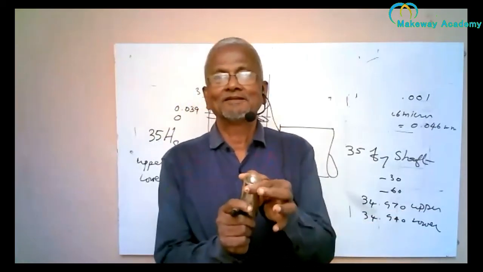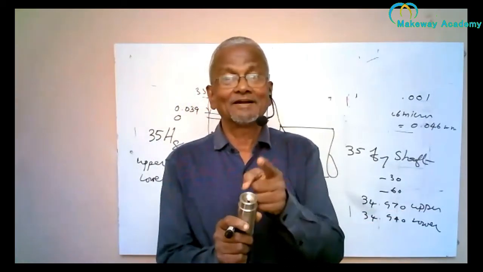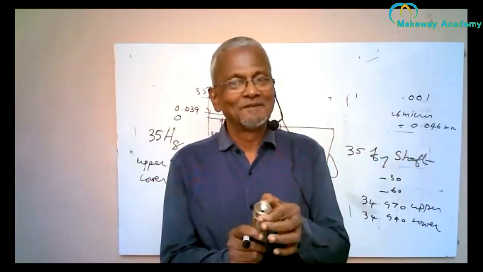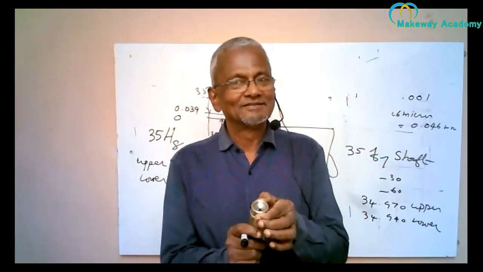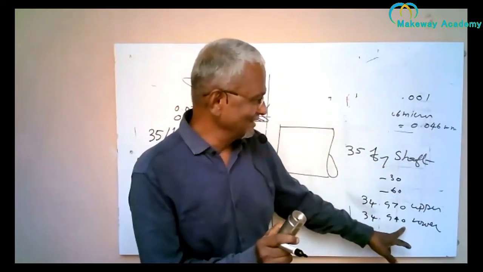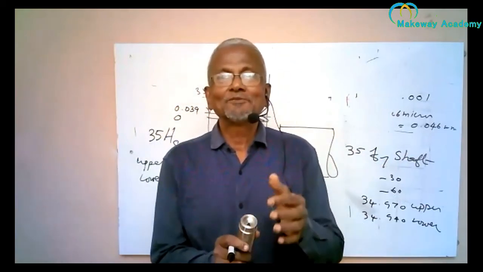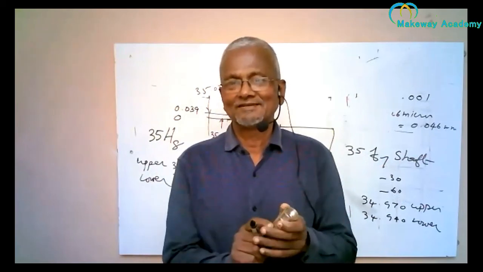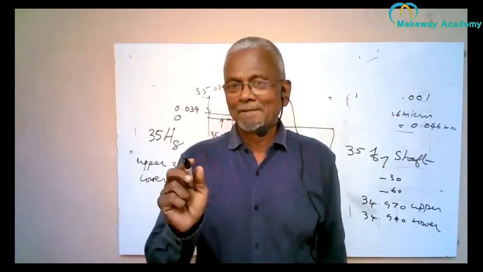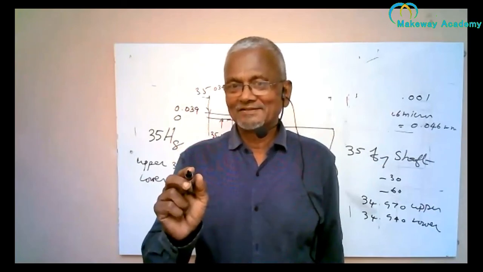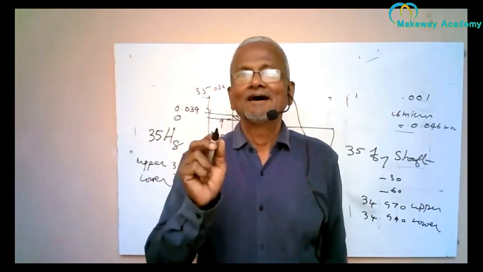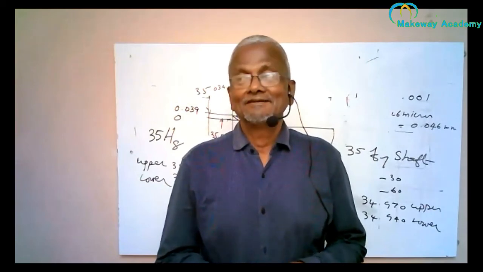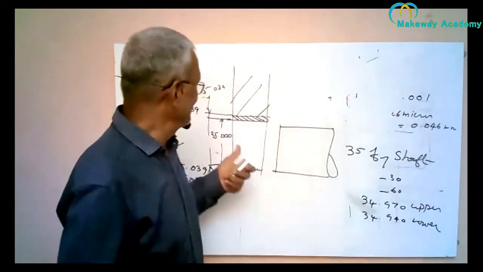If it is 34.971, it will be rejected. Again, what is the lower limit for the shaft? It is 34.940. If it is 34.939, it will be rejected. So for the shaft, the maximum material condition is the upper limit, and the least material condition is the lower limit.